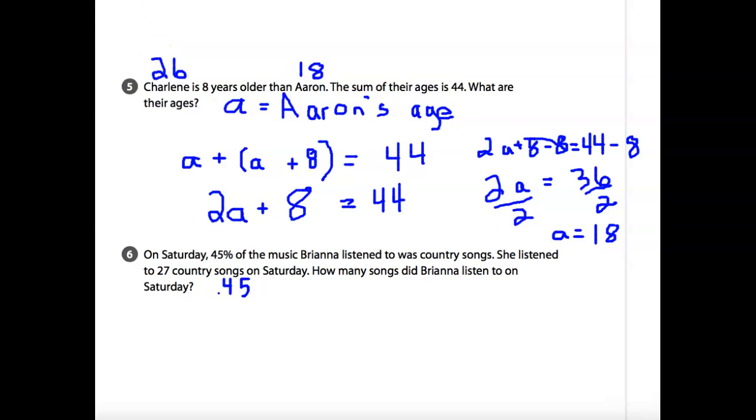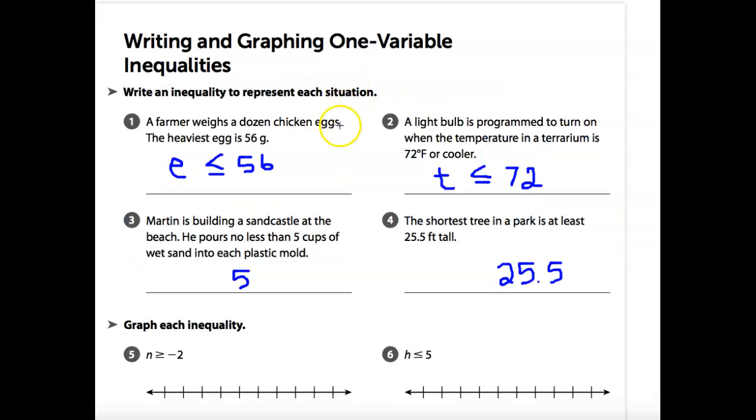All right, let's move on. All right, so on this last page, we are going to write and graph inequalities. So let's look at this. A farmer weighs a dozen chicken eggs. The heaviest egg is 56 grams. All right, so we have to tell how much the rest of the dozen eggs weigh.